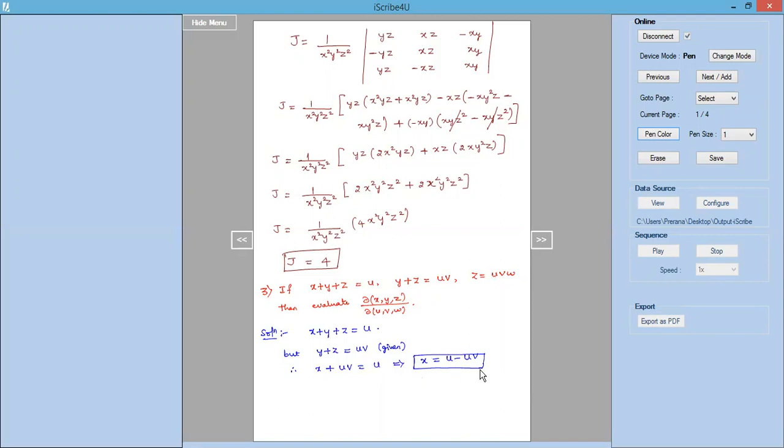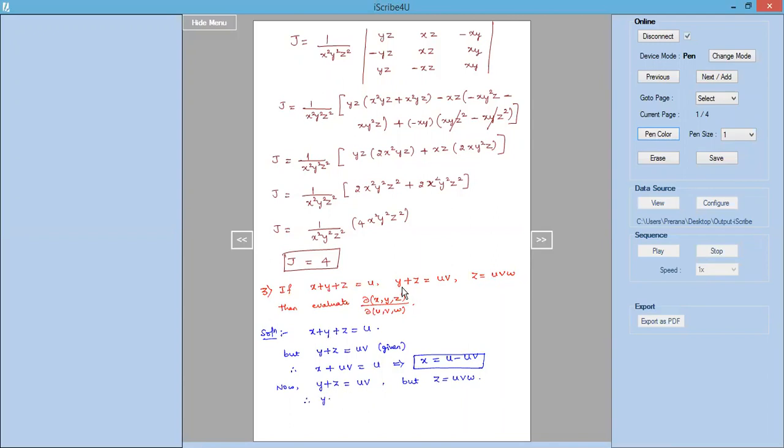And now we will try to represent y. Plus z is equal to uv we have. Let us substitute for z as uvw from the last expression and try to represent y also with respect to uvw variables. Now, y plus z is equal to uv, but z is equal to uvw.